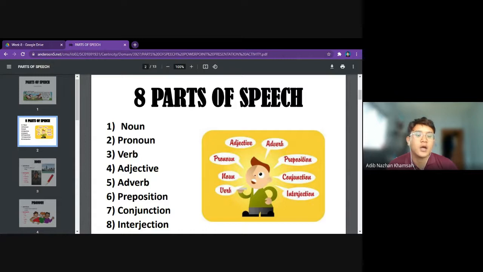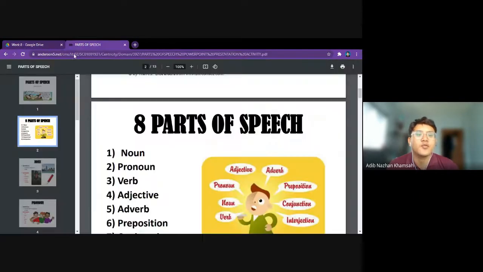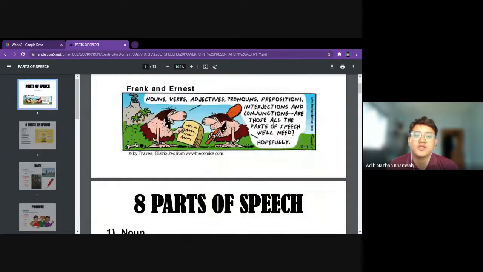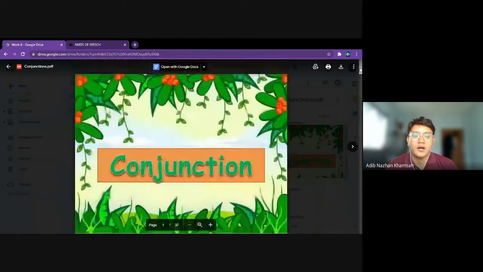Adjective, adverb, this one is kata sifat. Preposition, conjunction, interjection. I'm going to go through these parts of speech first, and then I will explain the conjunction topic a little bit more.